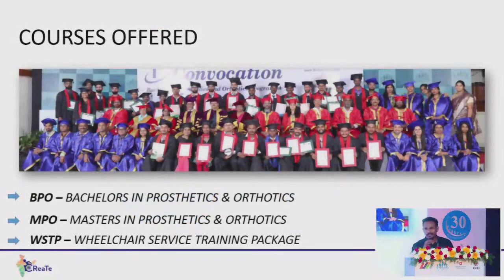The courses that we conduct are Bachelor's in Prosthetic and Orthotic, Master's in Prosthetic and Orthotic, Basic and Intermediate wheelchair courses, and some of TOT and Managers level as well, and some of the customized courses as well, as per the organization's demand.